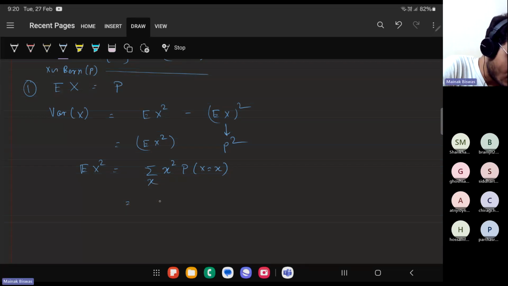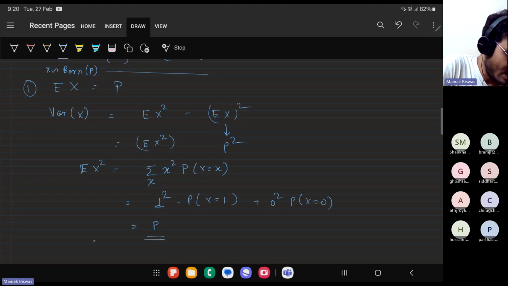So you told me 1 squared into probability x is equal to 1, plus 0 squared into probability x is equal to 0, which is equal to p. So your variance is p minus p squared, which is defined as p into q. Q is 1 minus p.